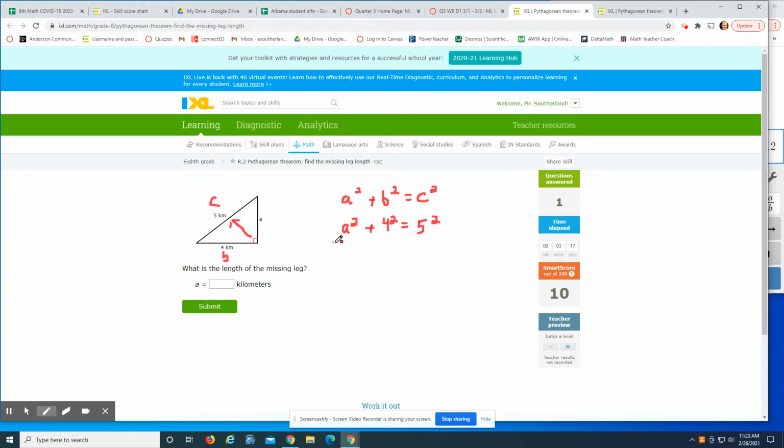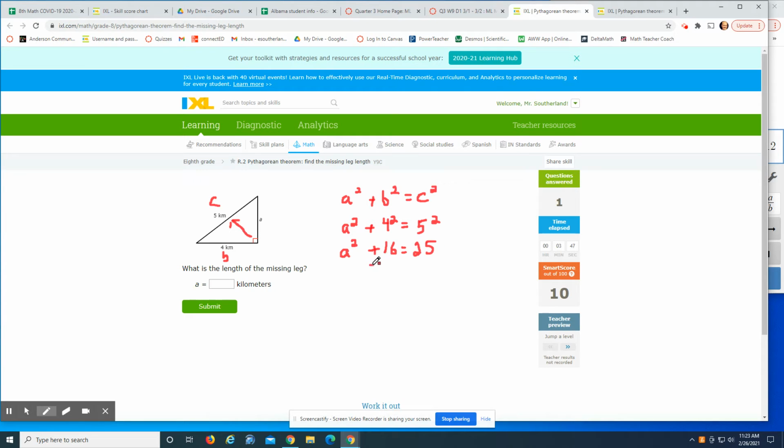You can use the calculator if you want, but I want to figure out what the squares are first. A squared is simply going to stay A squared. 4 times 4 is 16, so it's going to be plus 16. And 5 squared is 5 times 5, which is 25.